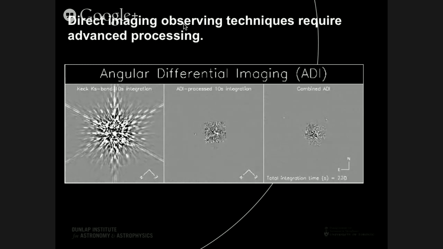You allow the sky rotation to occur and you don't correct for it. That allows you to see real objects moving around as you go through your observation. If you look very carefully right there, you can see a little planet moving by. That gives you a library of point spread functions that you can subtract from each image so that you recover the signal of the planet, like here. Now you can see them much better because the PSF is removed.